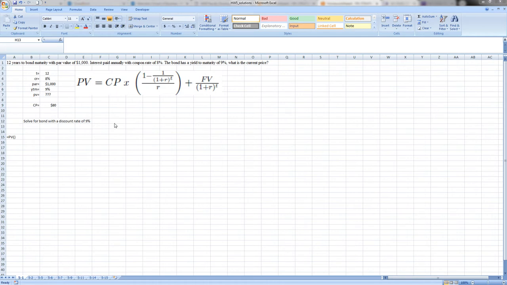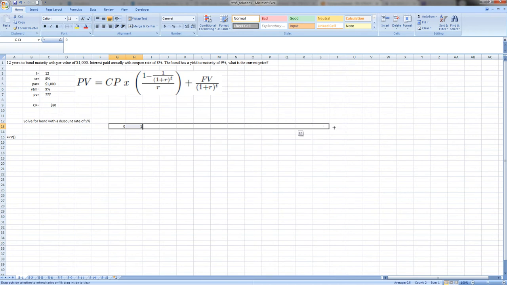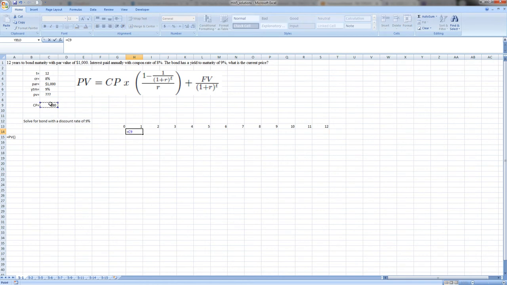So if we were to look at the cash flows, it would look something like this, where if we bought this bond at a given price, there was a cash outflow at time 0, and that's what we're trying to find, up through year 12. And so we know that there's a coupon payment of $80. This coupon payment is received for the next 12 years.